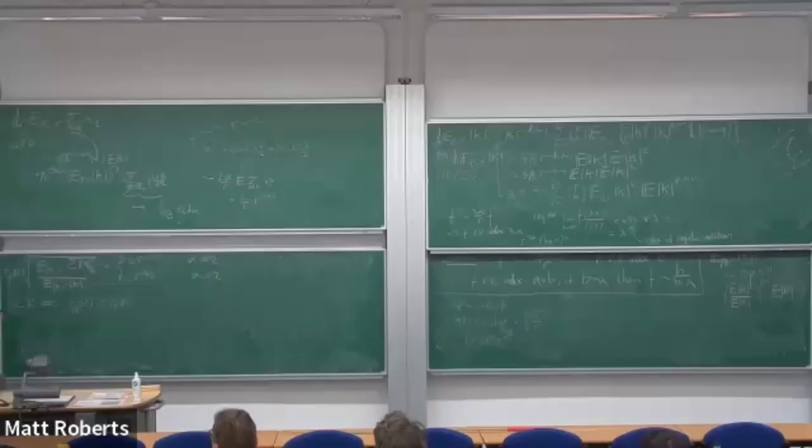So I have 3 minutes left. I can either tell you 3 minutes about low dimensions or 3 minutes about the critical dimension. Maybe let me talk more about the critical dimension because we've already laid a lot of the groundwork.